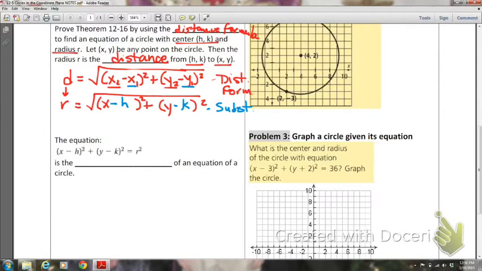So now if we just simplify this, if you square both sides, you're going to get r squared is equal to, and it's just going to remove the square root sign from the other side. So r squared is equal to x minus h, parentheses squared, plus y minus k, parentheses squared, when you square both sides.